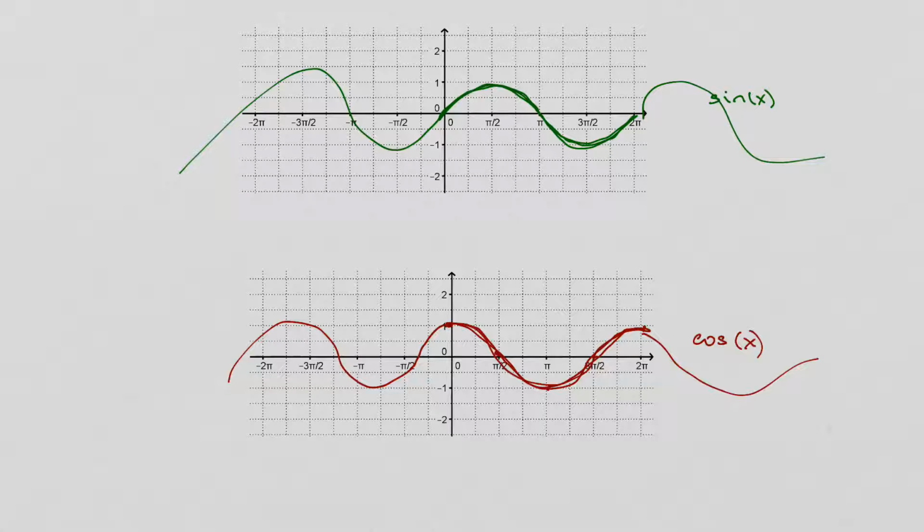The key words we've seen so far are, first, the period. This is just the length of one copy of the function.